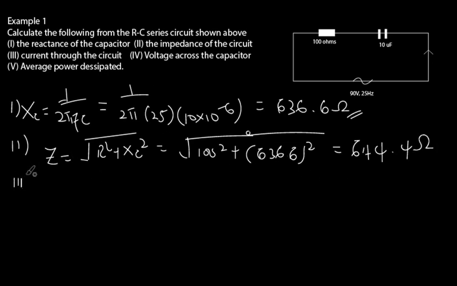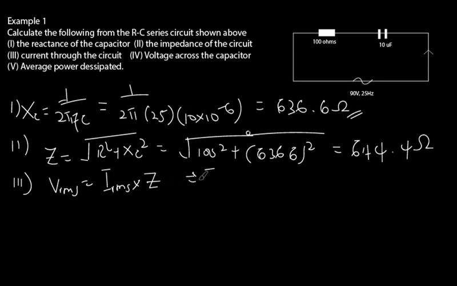The third aspect is the current through the circuit. The root mean square voltage will be the root mean square current times the impedance, which is the total resistance in this circuit.